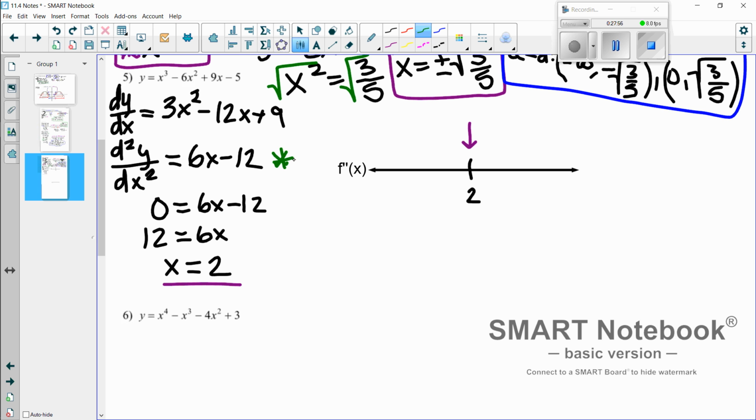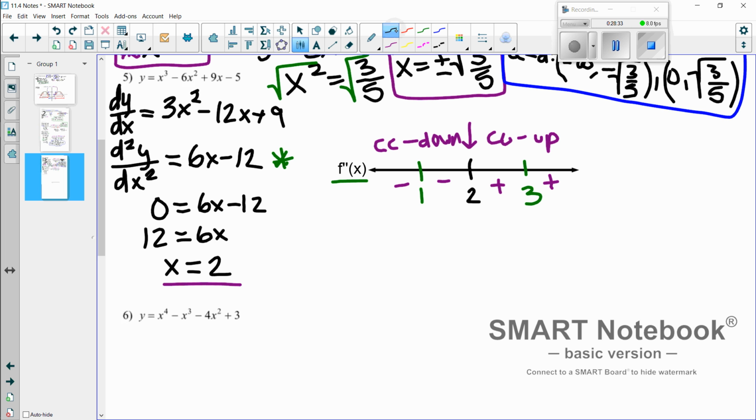So let's pick 1 and 3, those are going to be the easiest here. 6 times 1 is 6, minus 12 is negative. So we're negative in this interval, which means we're concave down. And then 3: 6 times 3 is 18, minus 12 is still positive. We're positive in this interval, so that means we're concave up.